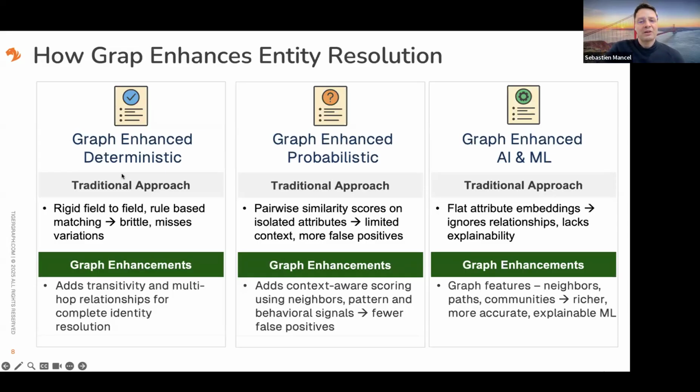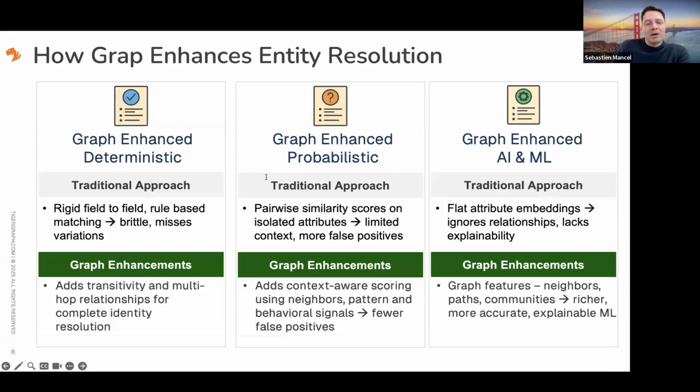It breaks when data varies slightly, like John Smith versus Jade Smith. And by adding a graph layer, where we introduce transitivity and multi-hop connections, the system can see that two records share a phone number, an address, or a device, and it connects them to one unified profile.